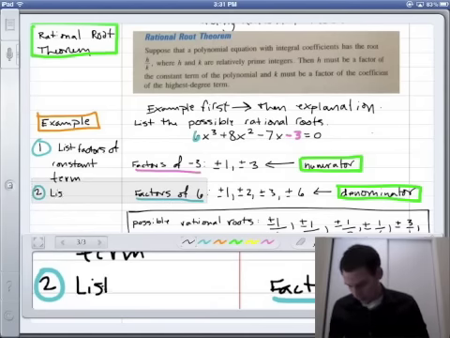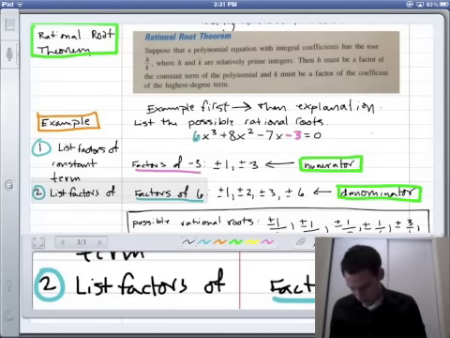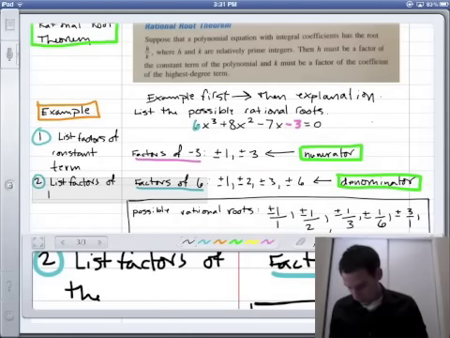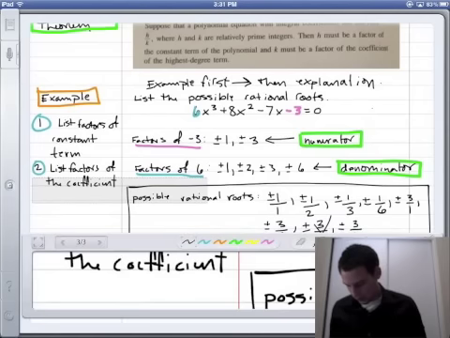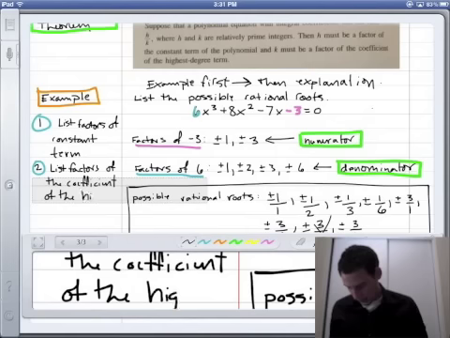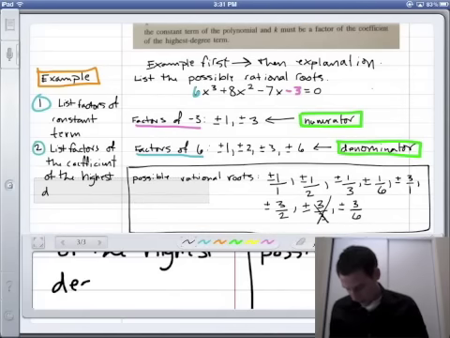So list factors of the coefficient of the highest degree term.